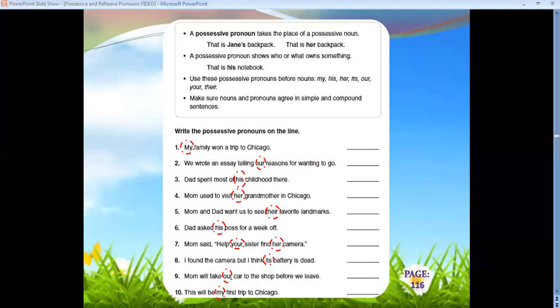Number 3, his childhood. Childhood is a noun. So his is a possessive adjective. The rule says that we have to use nouns after possessive adjectives. 4, her grandmother. Grandmother is a noun. Her is a possessive adjective. Let's check. Yeah. See? That's right.